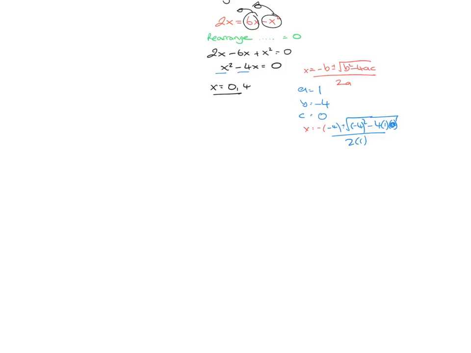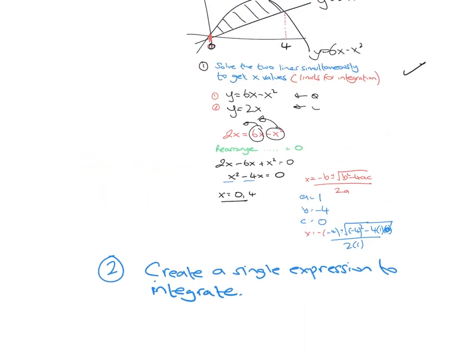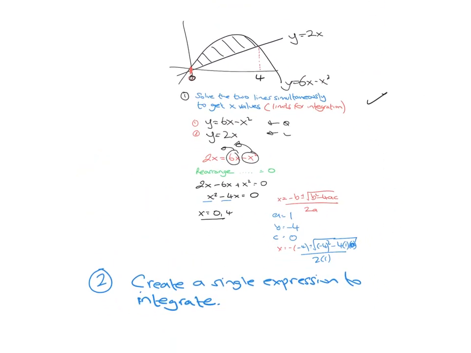Step 2 is, from our two expressions, we're going to create a single expression to integrate. Be clear, there are two methods you could use, but I find this one much more straightforward, because we could just integrate both of our expressions separately.